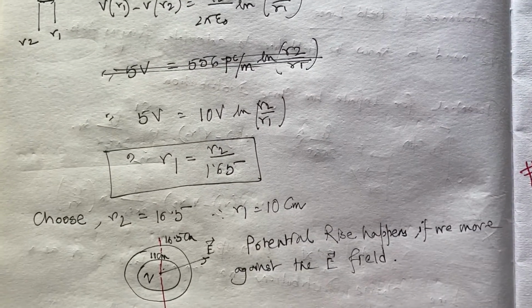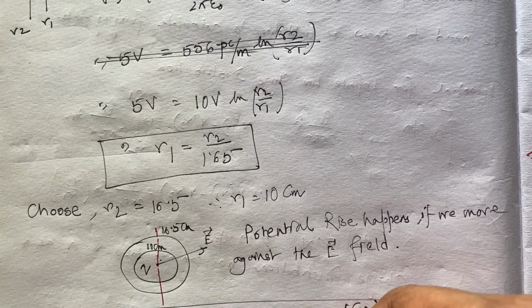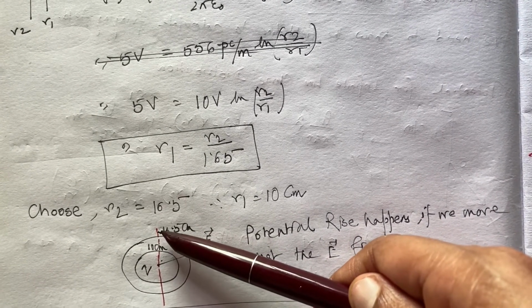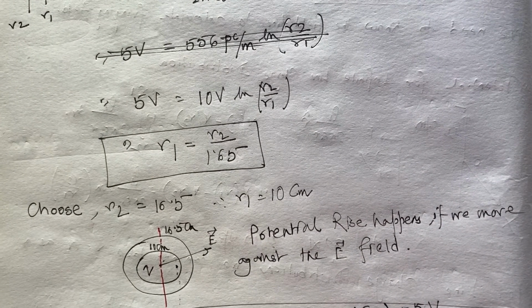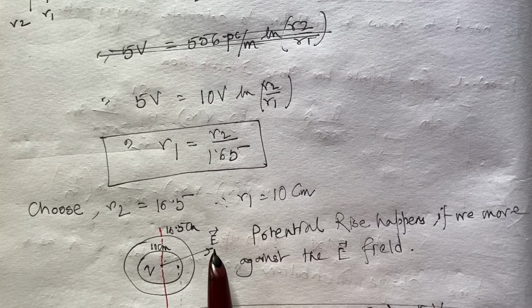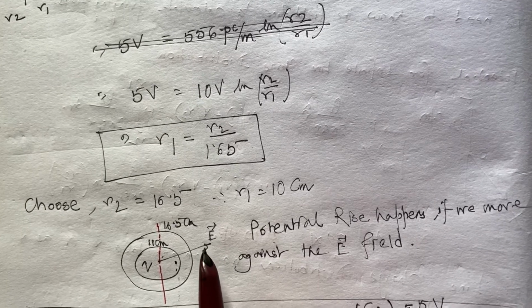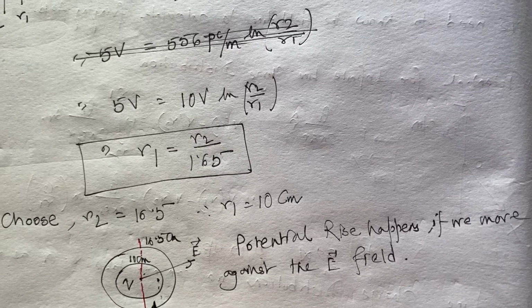So I have this situation. I have this line charge distribution, denoted by this red line. And the field is radially outward, because the potential rise must be opposite to the field.